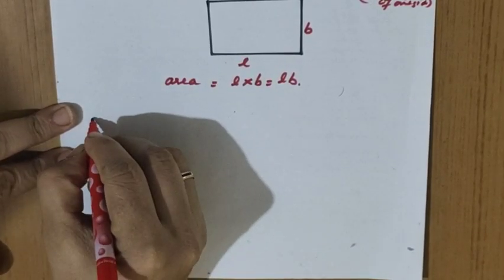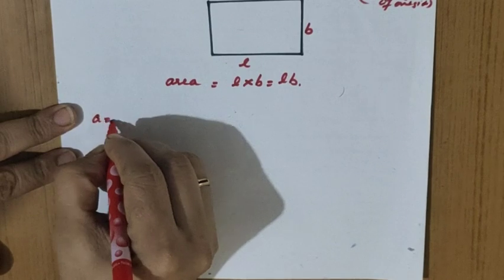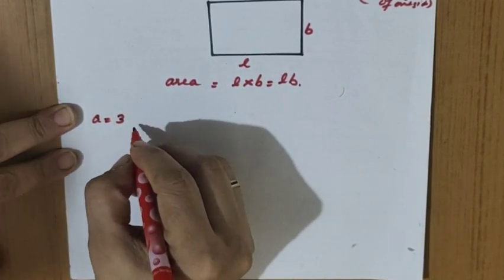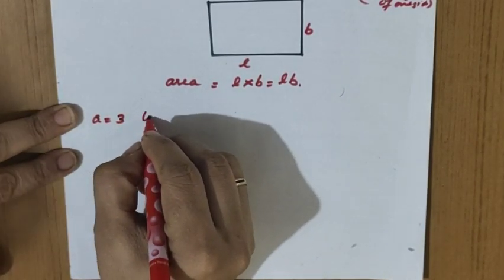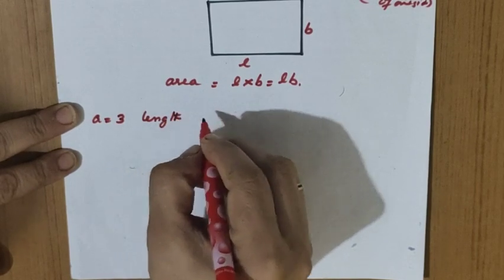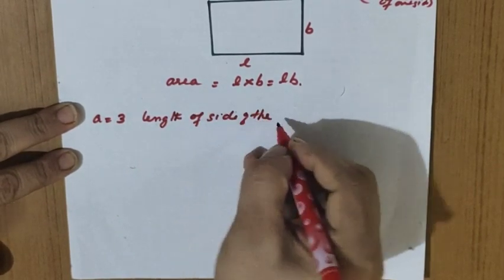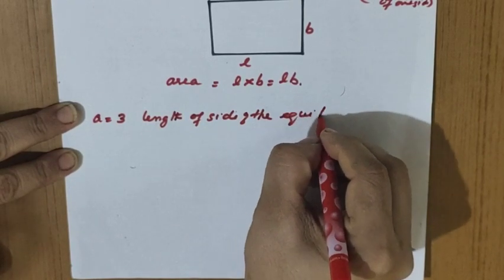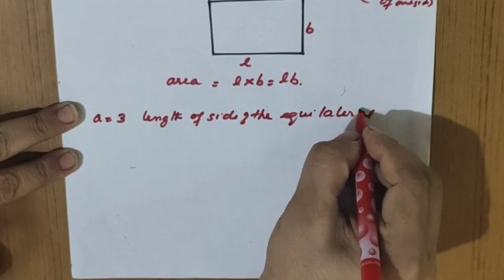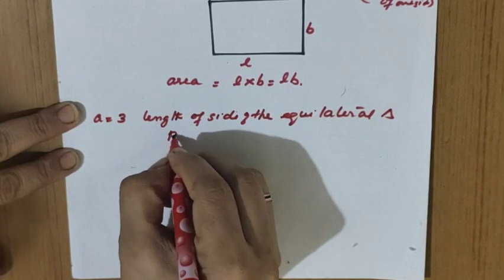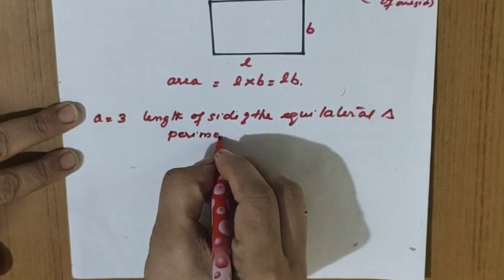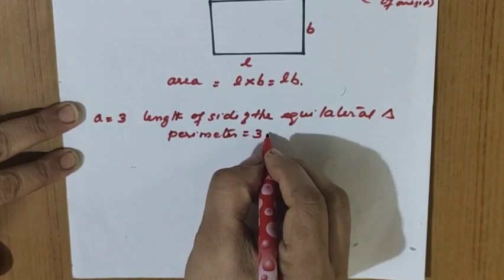If the length of the side of the equilateral triangle, a, equals 3, then the perimeter equals 3a.